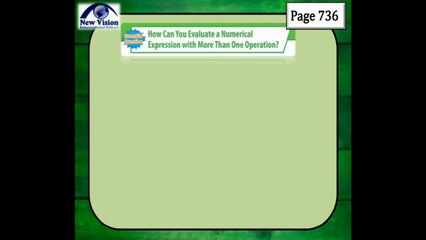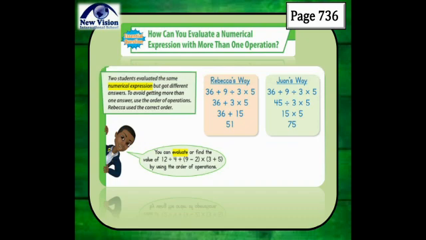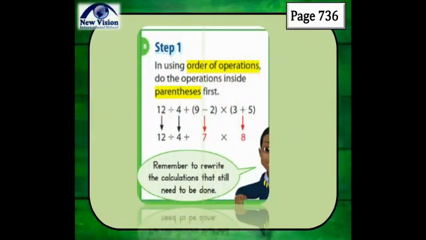Okay, page 736. Let us review the video about our essential question: how can you evaluate a numerical expression with more than one operation? You can evaluate, or find the value of, 12 divided by 4 plus 9 times 2 times 3 plus 5 by using the order of operations. Step 1.